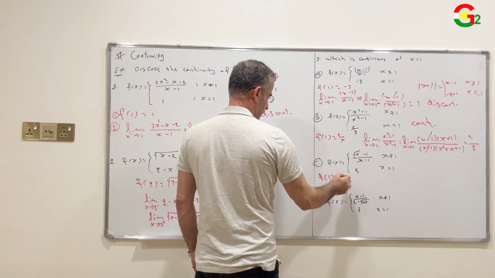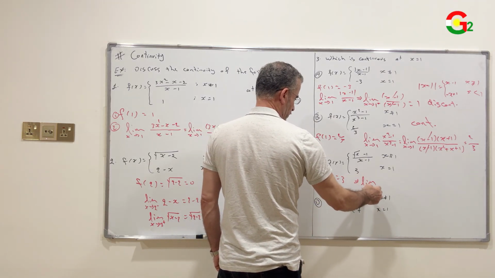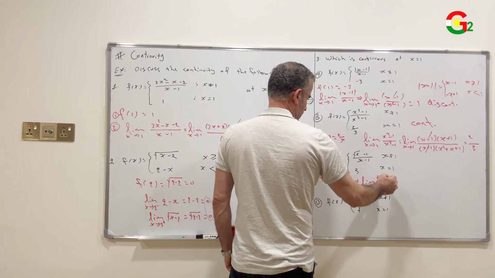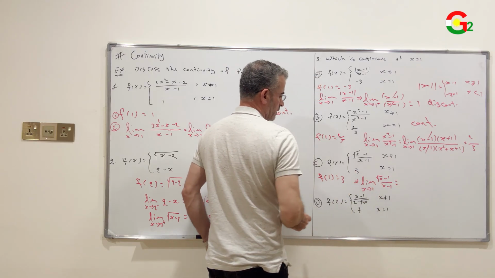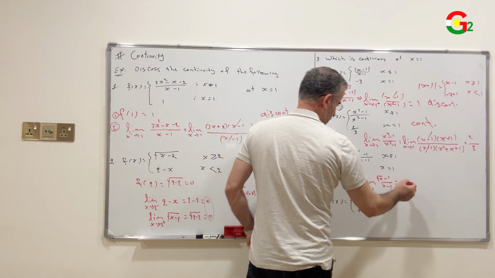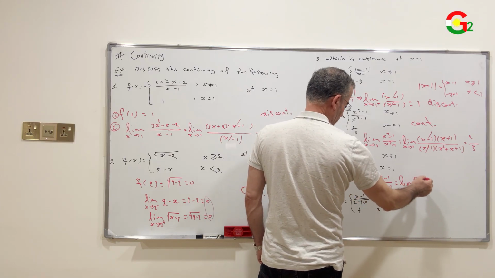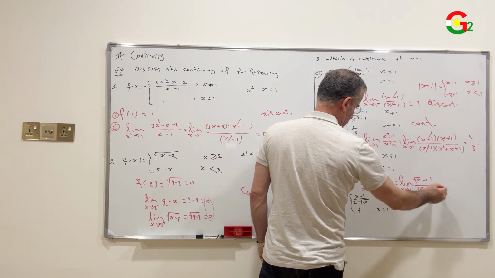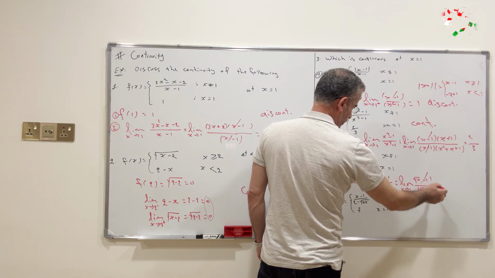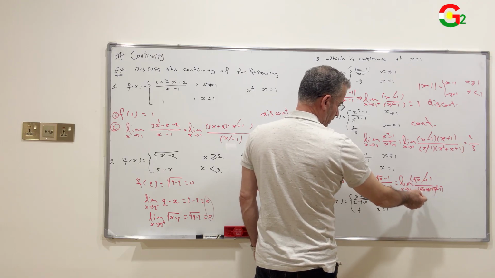Let us see number C. f of 1 equals 3. The limit when x approaches 1 for this function: substitute directly, it is 0 over 0. Analyze the denominator by difference of two squares: (√x + 1)(√x − 1). Reduce √x − 1 with √x − 1.